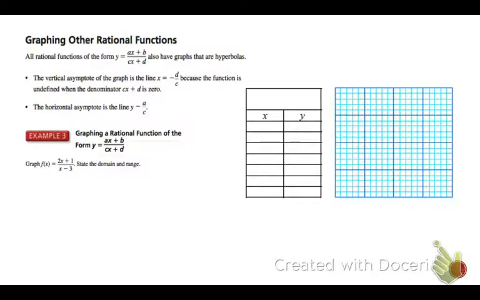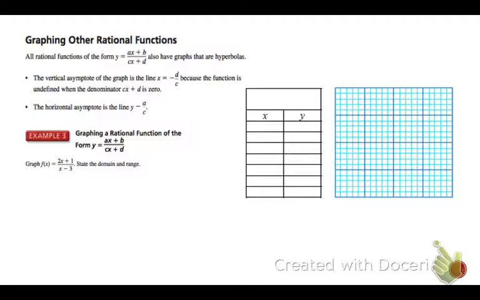So all rational functions in the form y equals some value a times x plus a constant b over some value c times x plus a constant d also have graphs that are hyperbolas. We're going to graph them just a little differently. The vertical asymptote of this graph is the line where x equals negative d over c, because that's the value that will give you a denominator of 0.